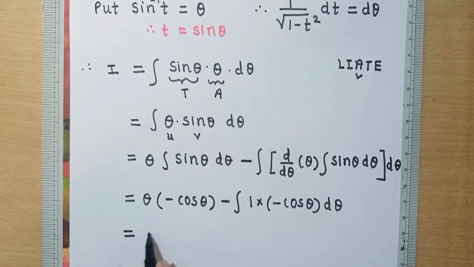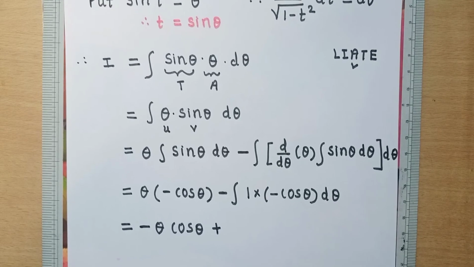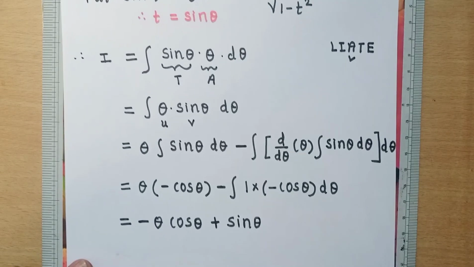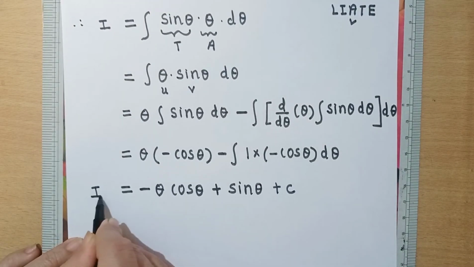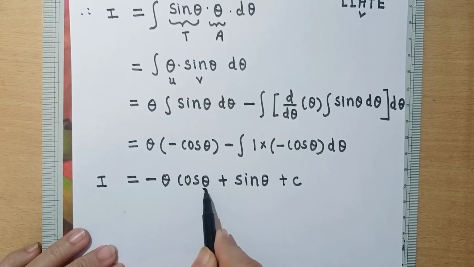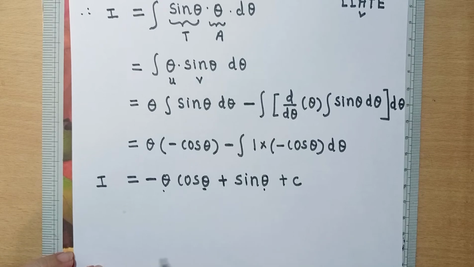Now again in the last step, minus sign out. So theta cos of theta, minus minus plus, integration of cos theta is sine theta, and here plus c. Actually this is the final answer, but this answer is in terms of theta. We have to replace it in terms of t.